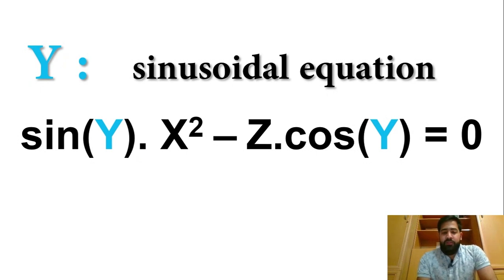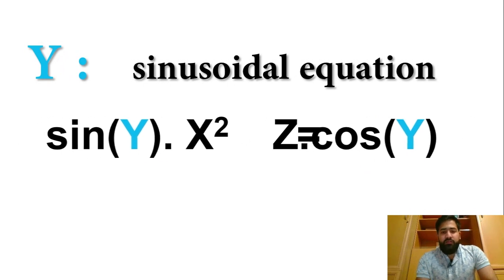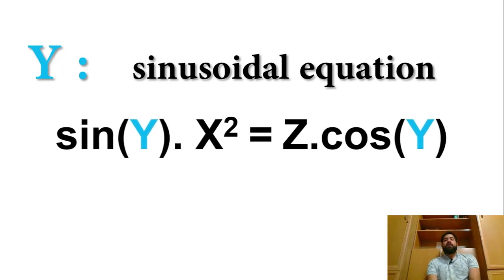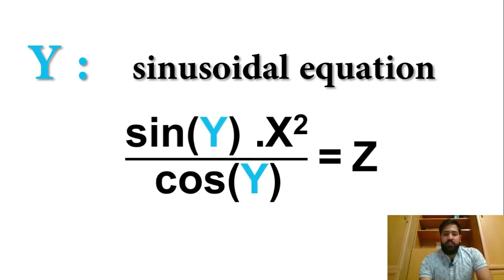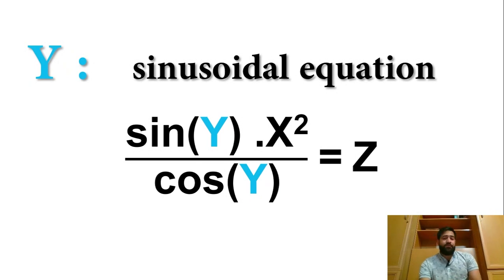Again, 0 is equal to sine of y times x squared minus z cosine of y. Put the z cosine of y on the other side of the equation. We get sine of y times x squared is equal to z times cosine of y. So sine of y and cosine of y can be put together. Sine of y divided by cosine of y times x squared is equal to z.